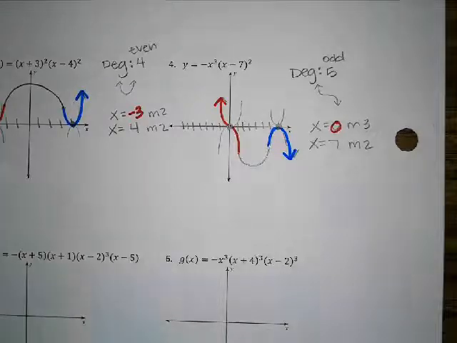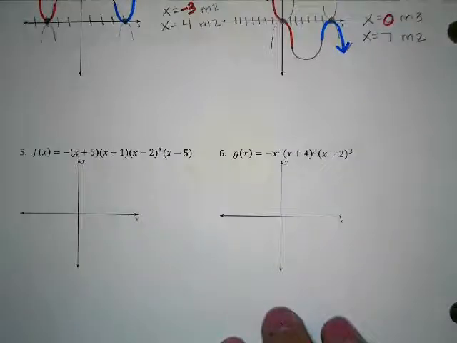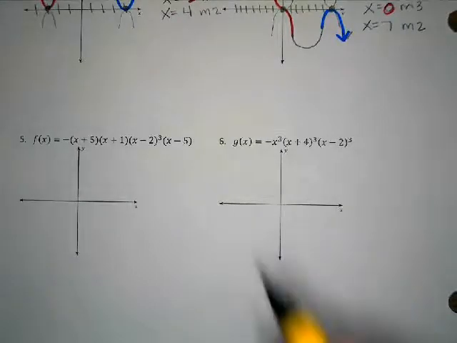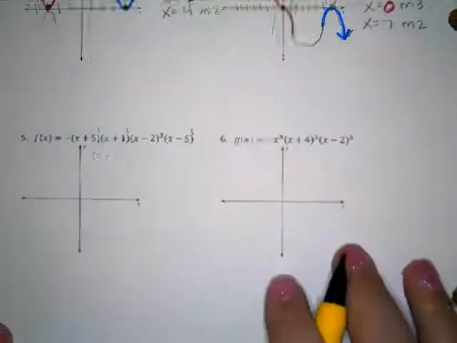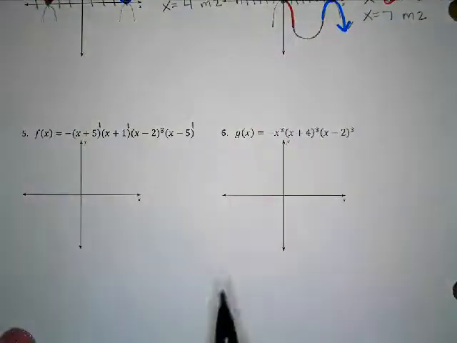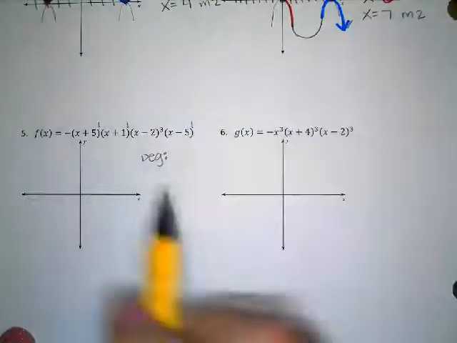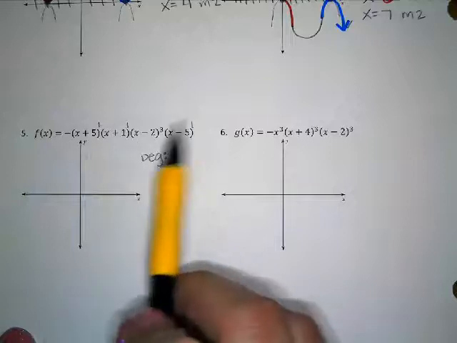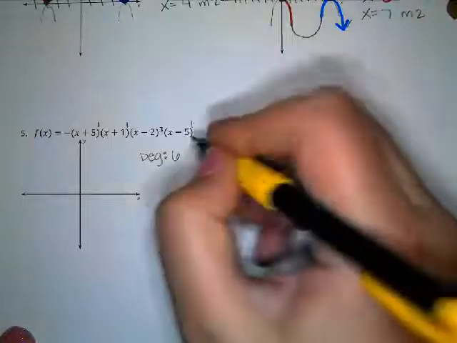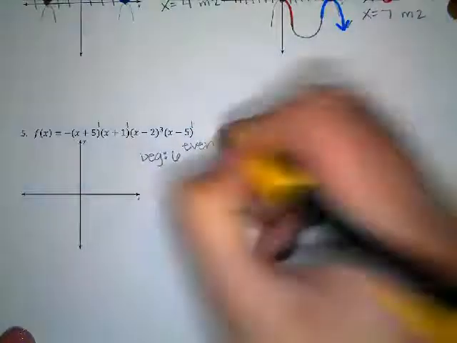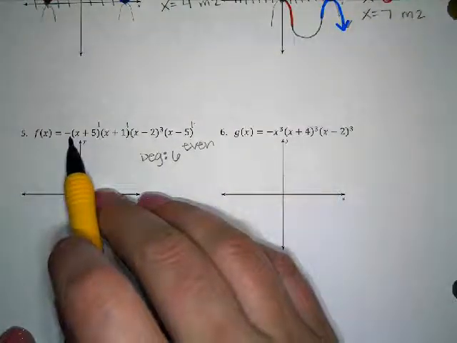5? Okay. So if we write the exponents that are missing, anytime we're missing an exponent, that's a 1. So the degree for 5, we have 1, 2, 3, 4, 5, 6. So we got a degree of 6. That's even. It has a negative in the front. So that's going to be an upside down U. So the arrows are both going to go down.